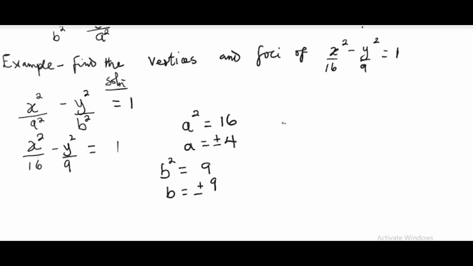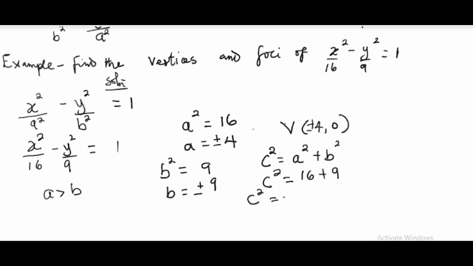Since we have a squared, a will always be greater than b, right? Good. Since our a is under the x squared, it means that this hyperbola is on the x-axis, which is like the example we used to explain everything about hyperbola. So that means that our vertex is going to be what? 4, 0, or I can say plus or minus 4, 0.